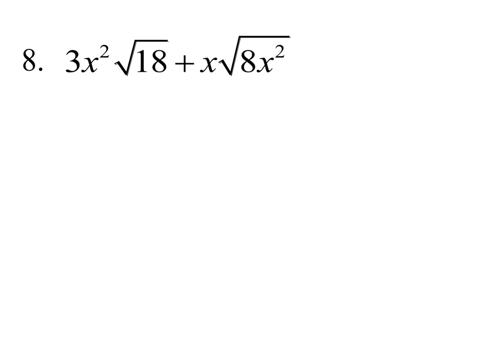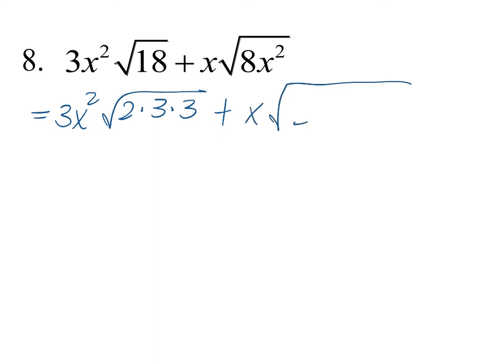Number 8, I think, is our first one that has variables in it. 18 can be written as 2 times 9, which is 3 times 3. 8 is 2 times 4, which is 2 times 2. And then you have the x squared.